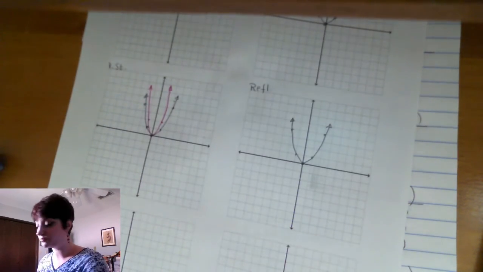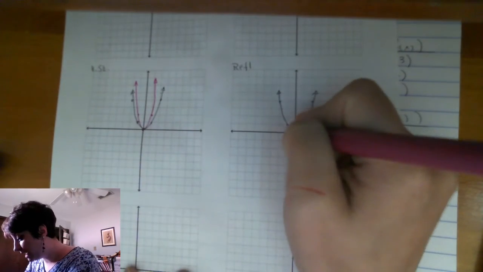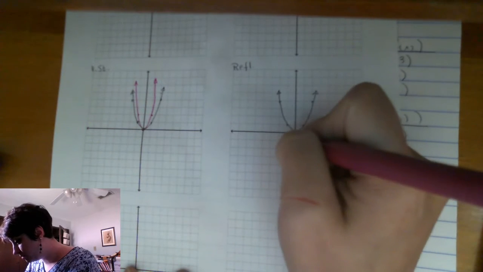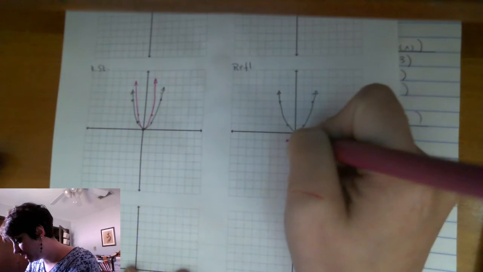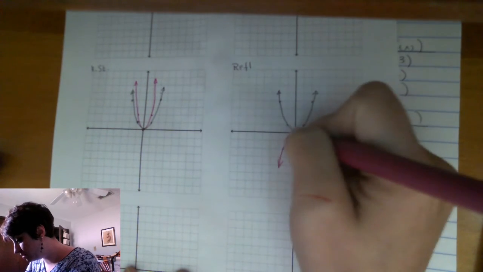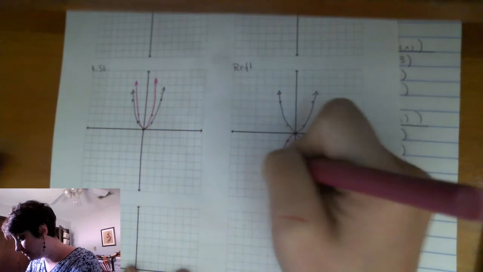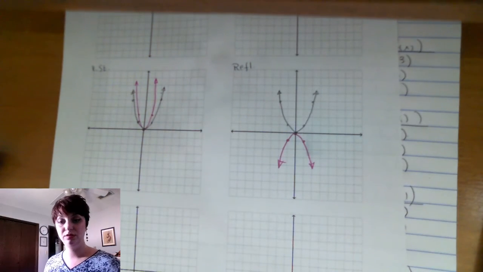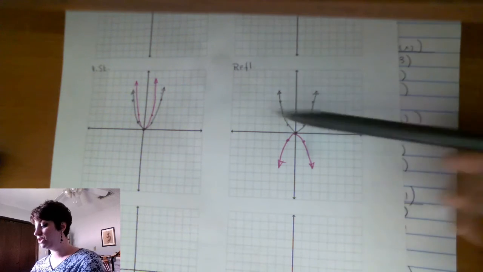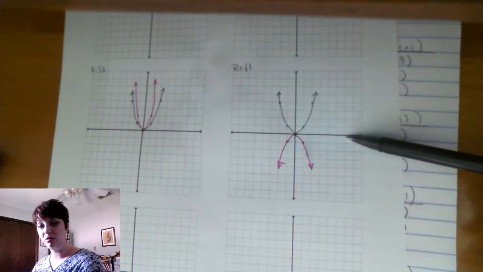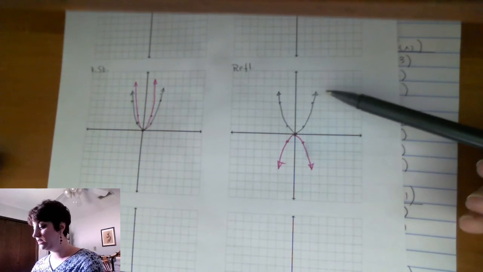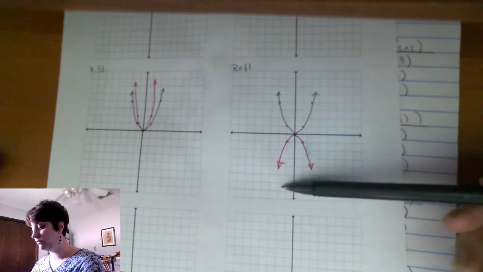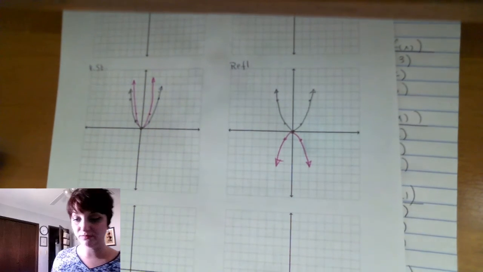So when I go to plot that, I'm still at 0, 0, but now I'm at negative 1 for my y value. Okay? So that's my reflection. I can imagine putting a mirror along this x-axis, and this black function has reflected onto the pink function.